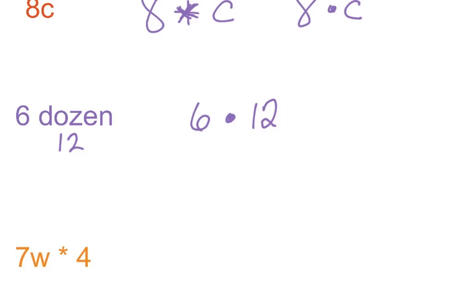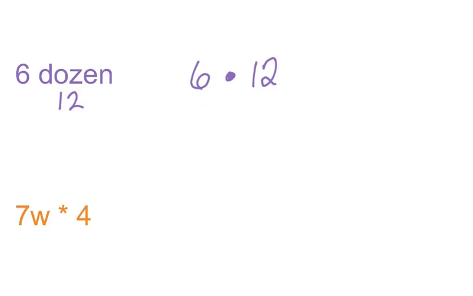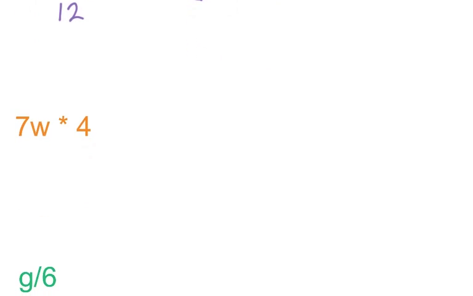And that's pretty much all that's telling you. And we see another expression just like this one, 7w times 4. What this really means is that this is 7 times a number w times 4.